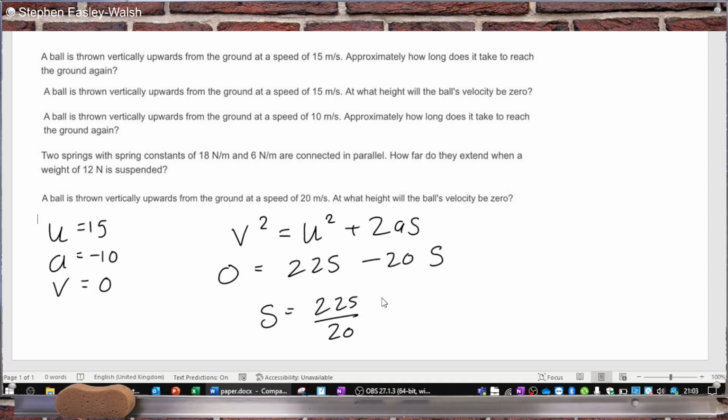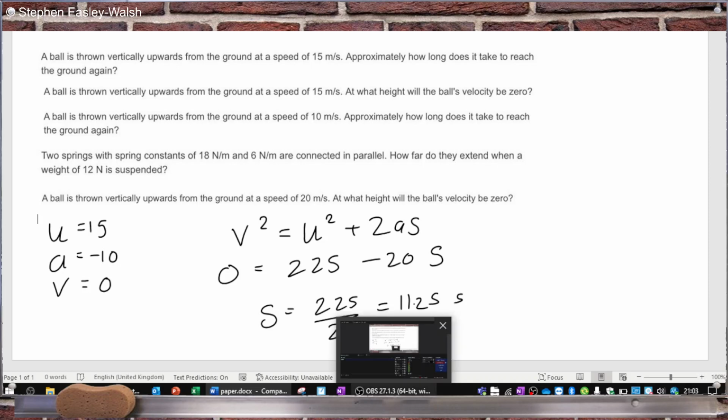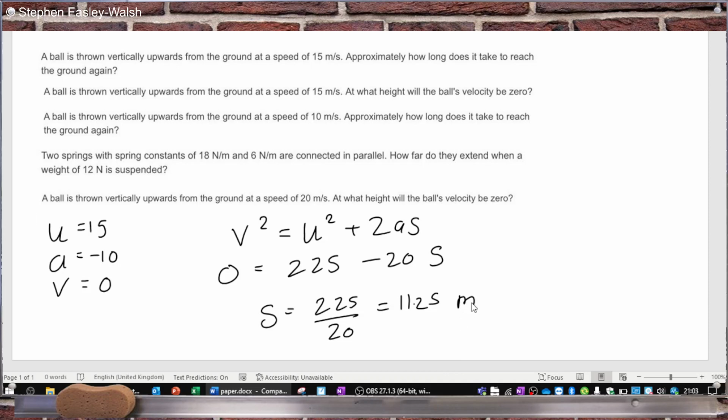Yeah, that's coming out at about 11 and a quarter. So I'll pause for you, or you can pause as well to take note of that. Why did I write seconds? Sorry, I forgot what I'm looking for. Meters. 11.25 meters, not seconds, meters.